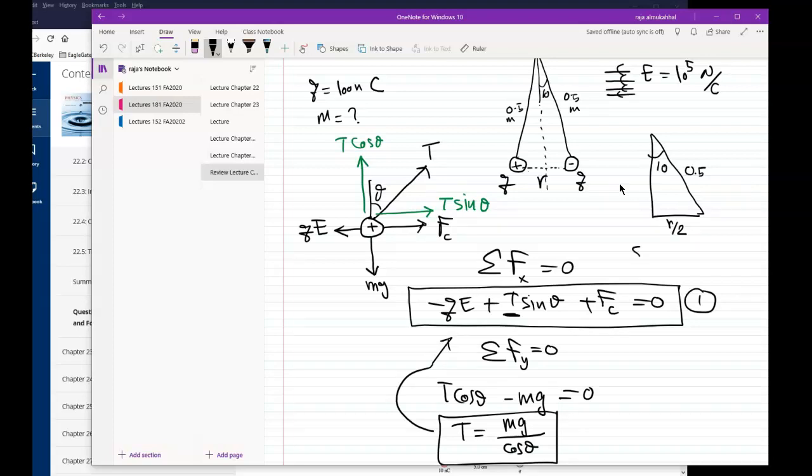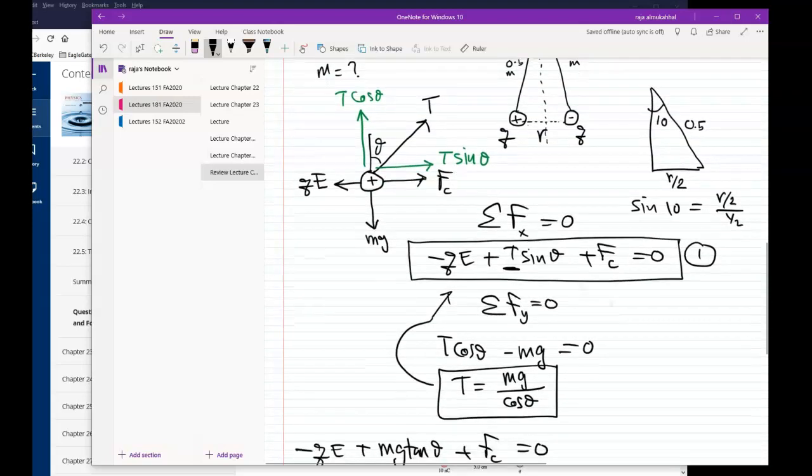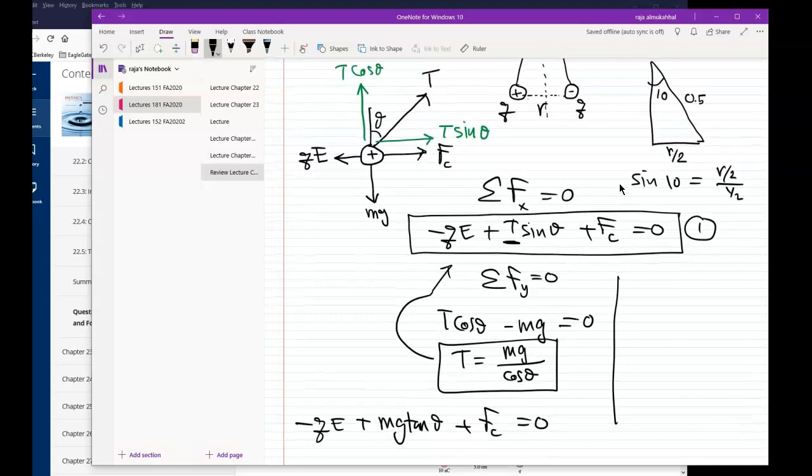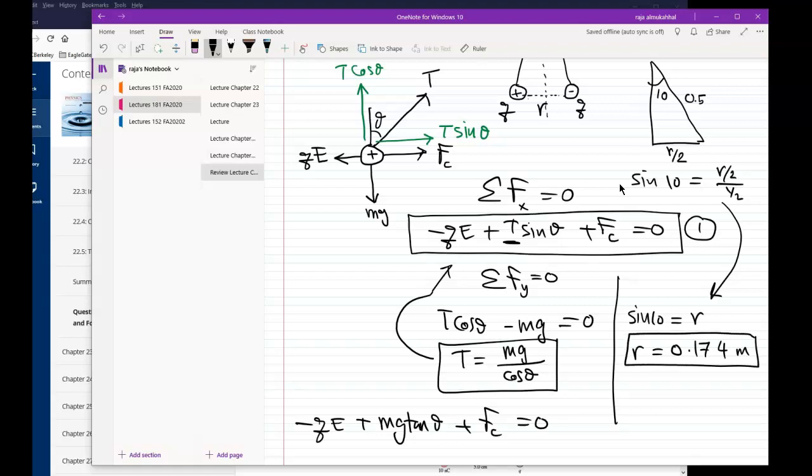So this tells me that sine 10 equals r over 2 over 1/2, which is r over 2 times 2 over 1. That should give me r. So sine 10 works out to be 0.174 meter. So that's the distance, 17.4 centimeters.